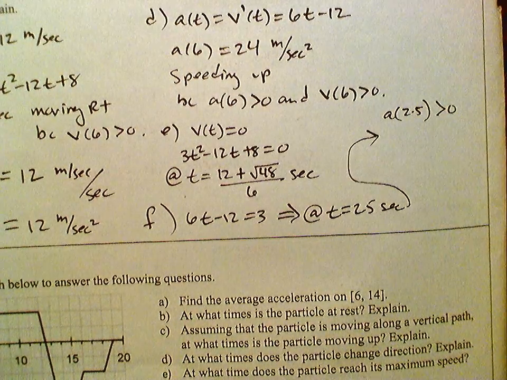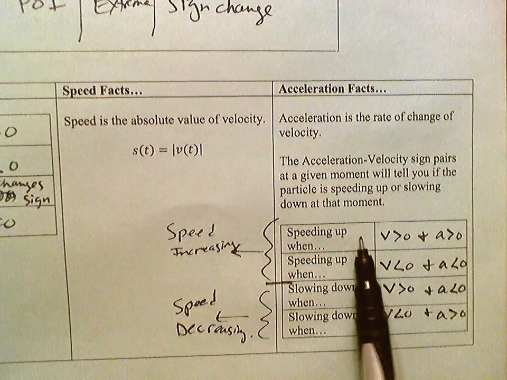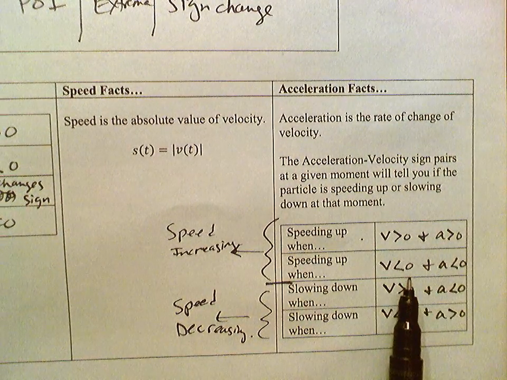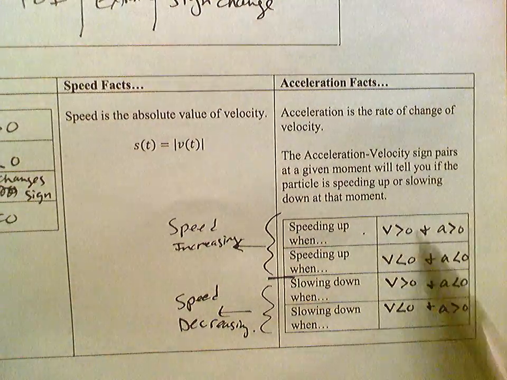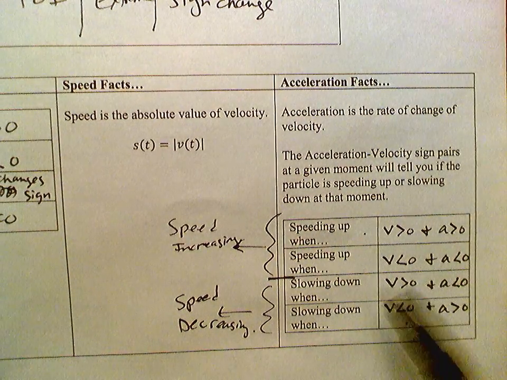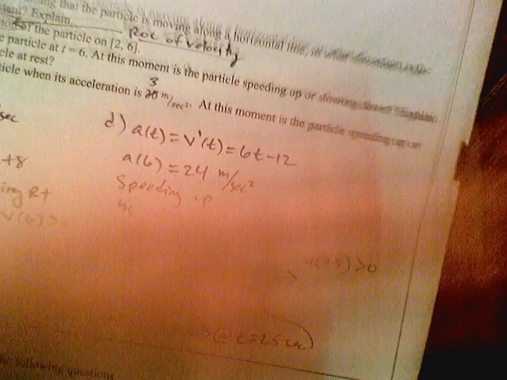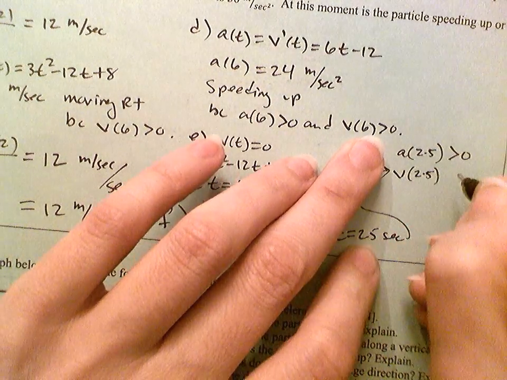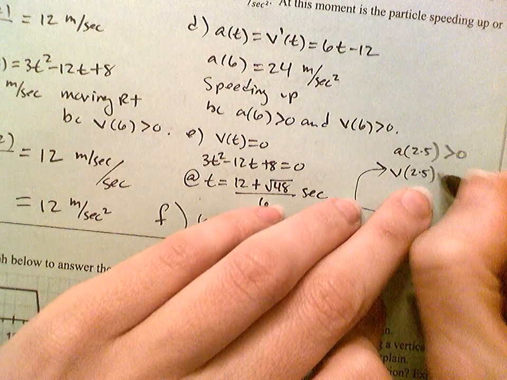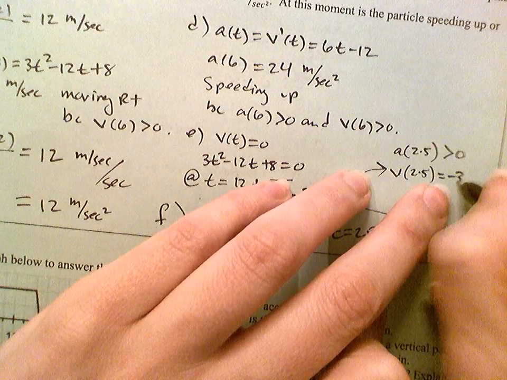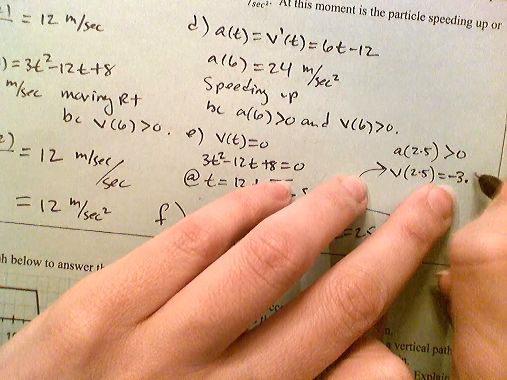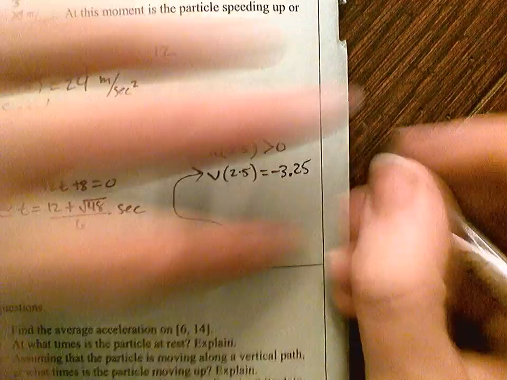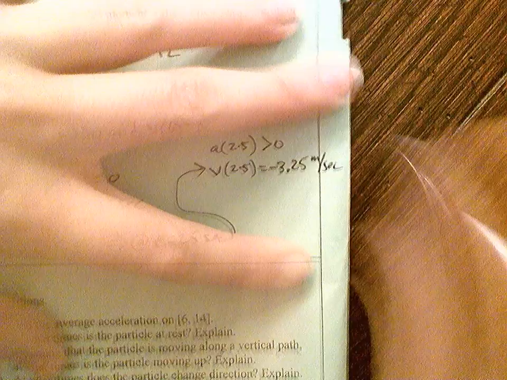Now it's going to be speeding up. Back to the front, the particle will be speeding up if my velocity has the same sign as my acceleration. My acceleration is positive, so I need a positive velocity. But if the velocity is negative, then I'd have one of these cases, and then it would be decreasing. All right, so what I have to do is take 2.5, plug it back into the velocity function, which I already did earlier, and I got negative 3.25 meters per second.